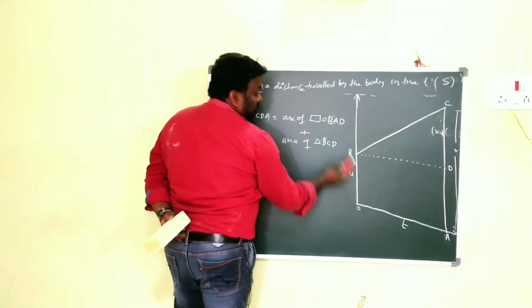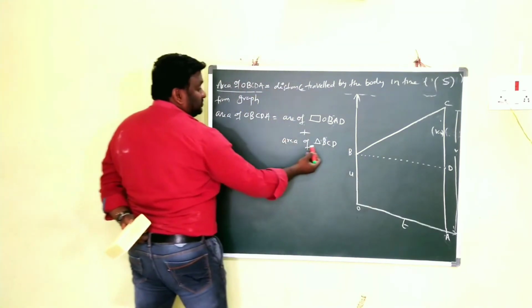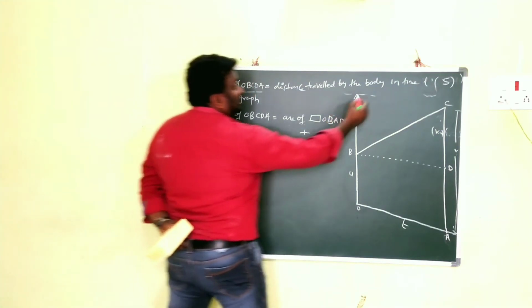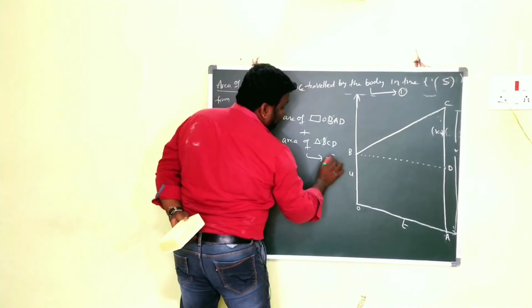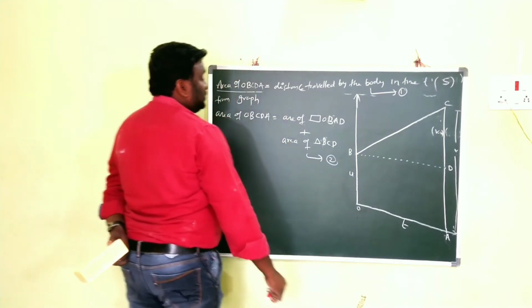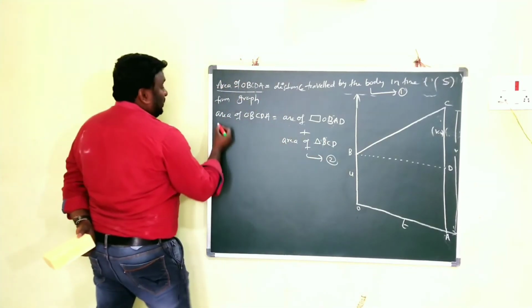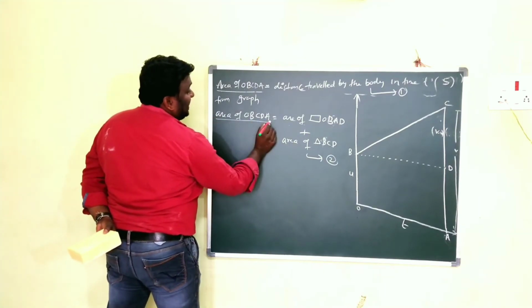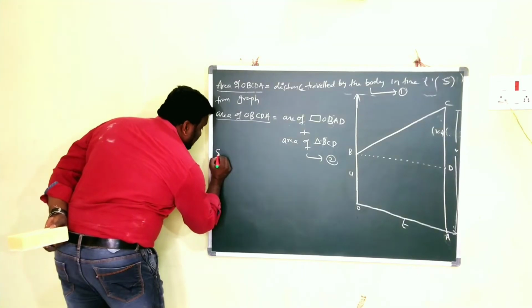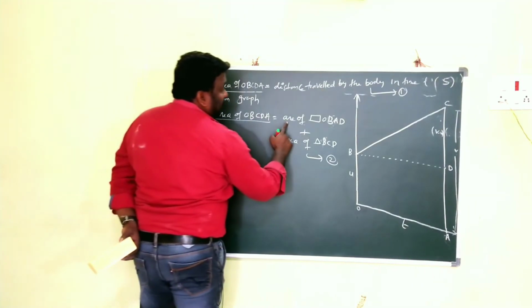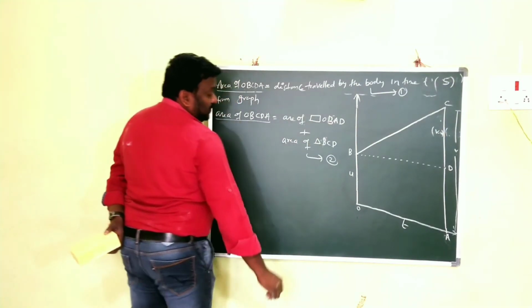For this equation I am giving number 1, and for this equation number 2. Clear, children? Already I wrote that the area of OBCDA is the distance covered. That's why S is equal to the area of OBAD plus the area of BCD.